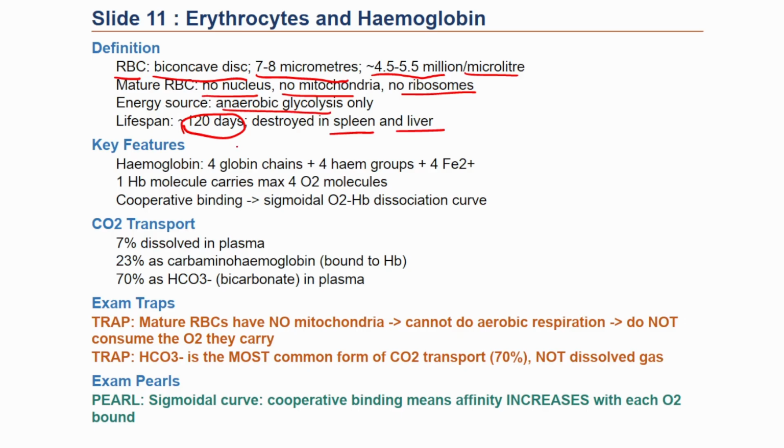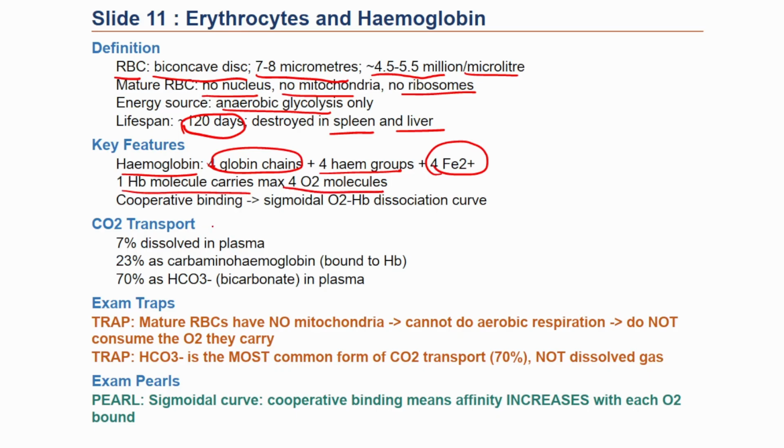As seen in our conceptual mapping, each hemoglobin molecule is composed of 4 globin chains, 4 heme groups, and 4 iron ions. To be more precise, ferrous ion, allowing one hemoglobin molecule to carry a maximum of 4 oxygen molecules.